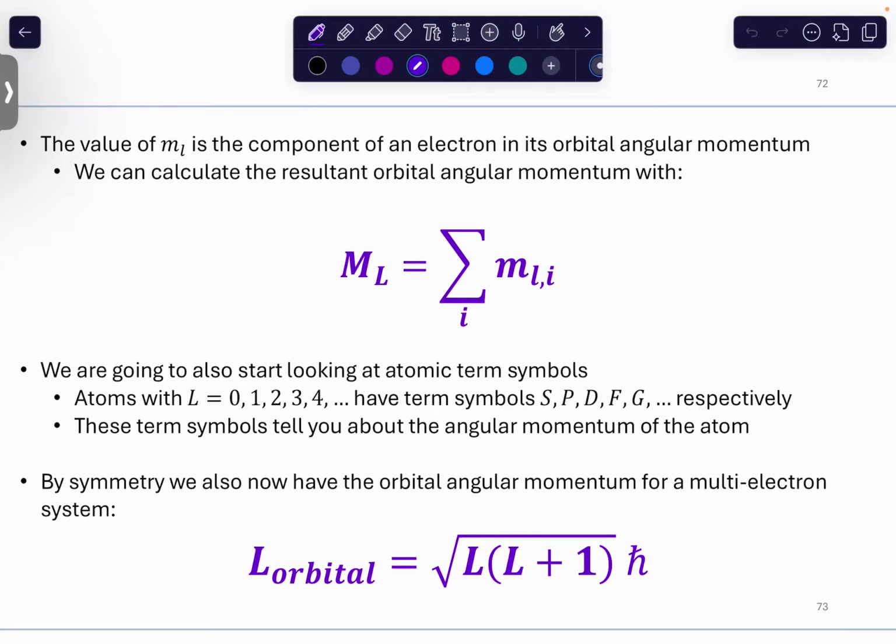Your capital L's are basically the totals of your electrons. Your m sub l values are going to be the sum of all of your individual m sub l's, which are individual orbitals. You kind of remember how your quantum numbers work. And then if you look here, your capital L 0, 1, 2, 3, 4, and so on are going to align with, so we're going to start talking about these things called term symbols, and they're going to align with S, P, D, F, G.